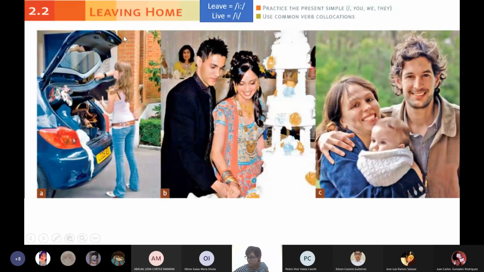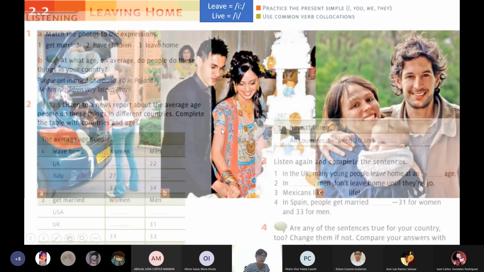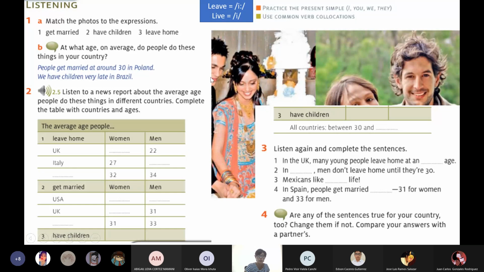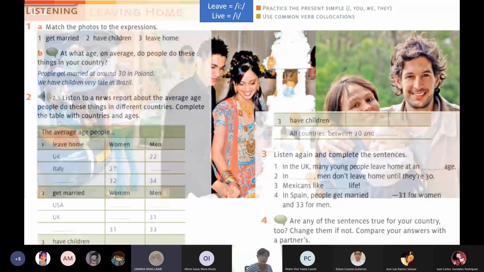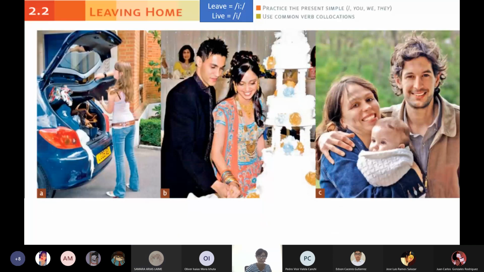So let's listen to Samara. Samara, could you tell me about picture A, B, and C? What do you think would be get married? Which picture is get married? Picture B. Okay. What about have children? Yes, Samara, we're going to continue with you.